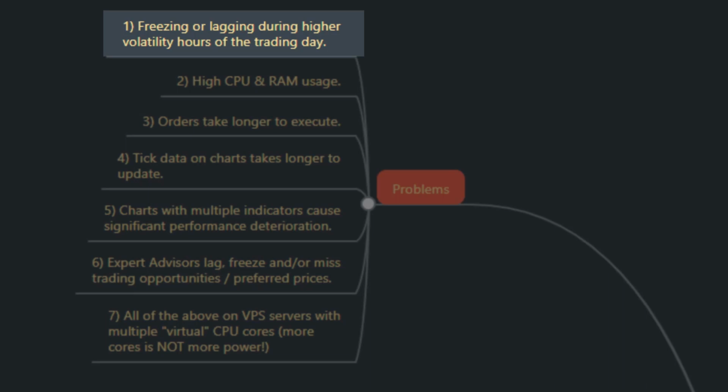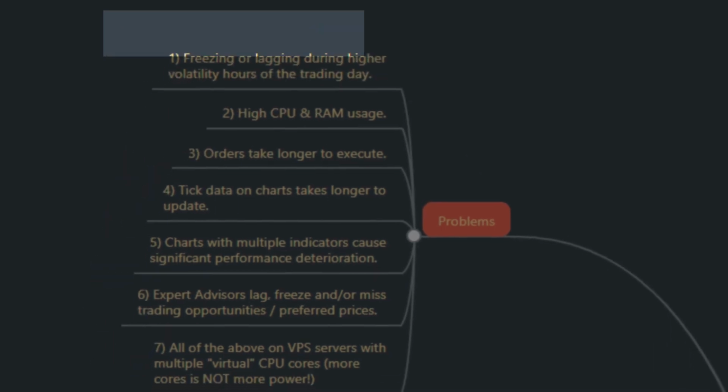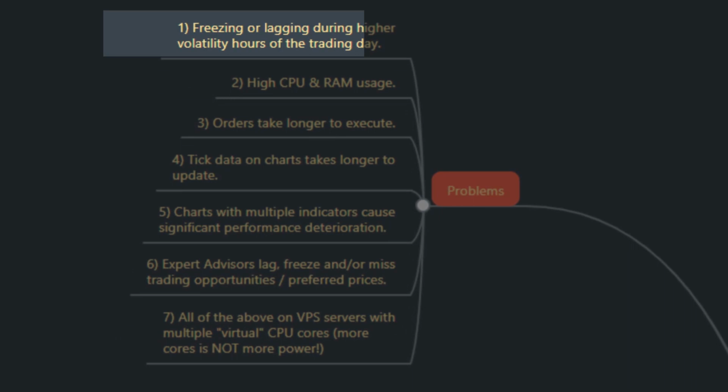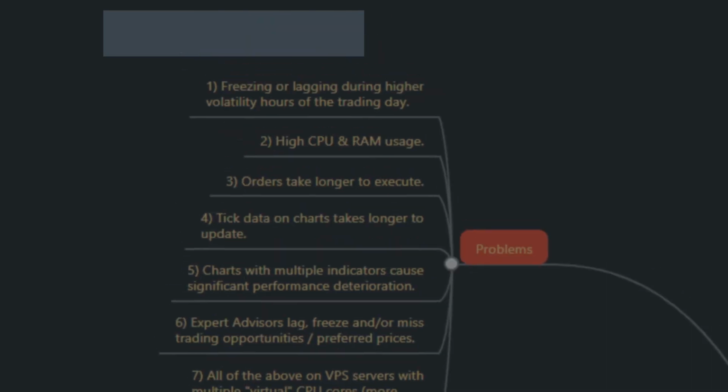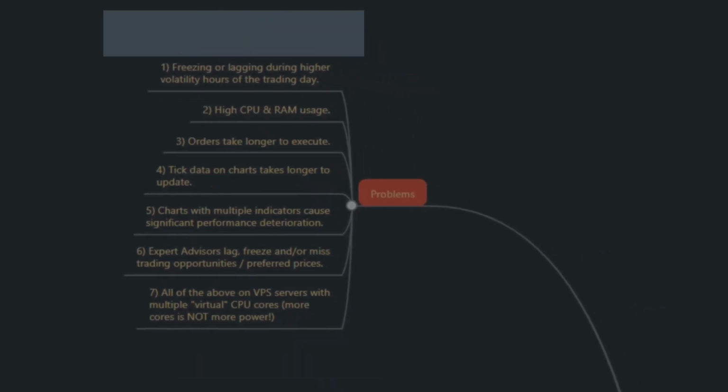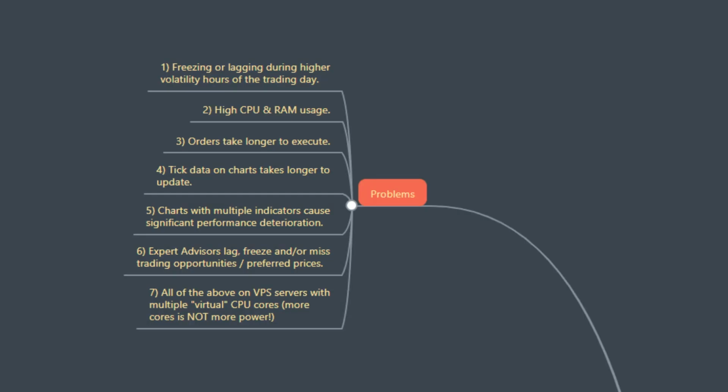Hence, during high volatility times, when you have lots of data going through the terminal because the market's moving quite rapidly, that's when generally there is resource overload, or at least stress applied to the computational resources you have available to you on your VPS. That's one reason. The other reasons we'll go through shortly.